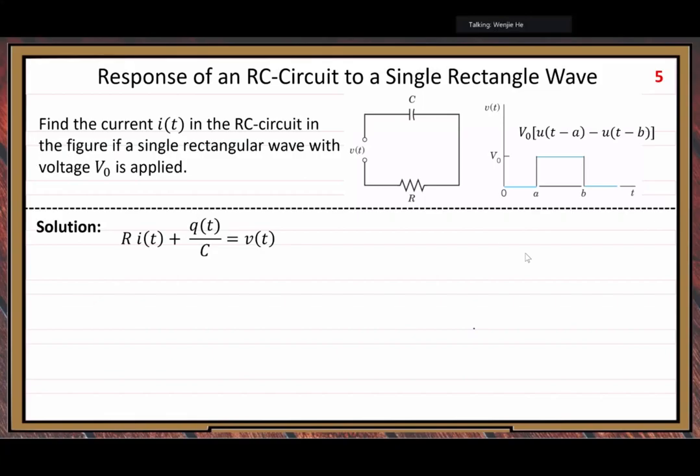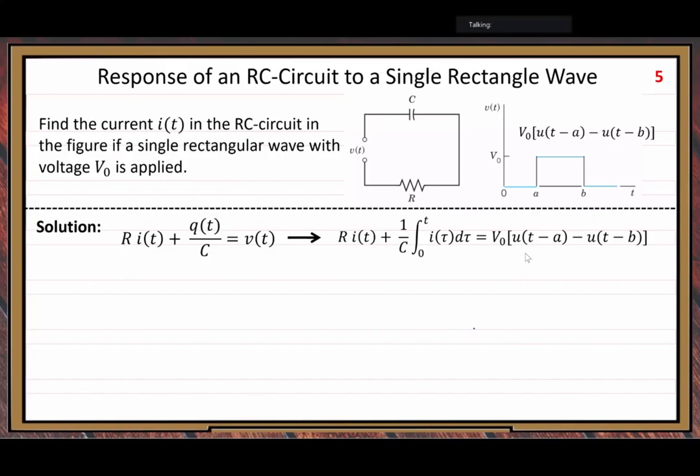All right. Then because we have q function and I function, two different symbols, now we want to use the same symbol, right? But we have a formula for that q function. So the total charge can be calculated by the integral from 0 to t of the current I function.